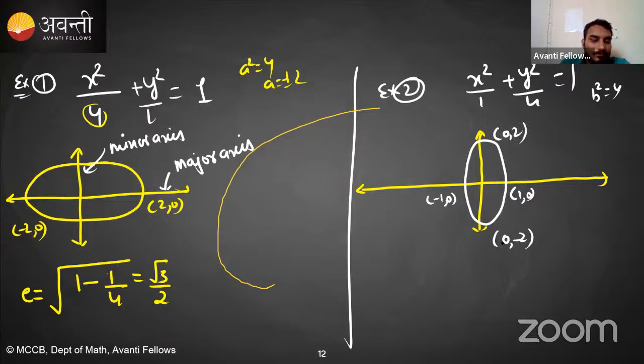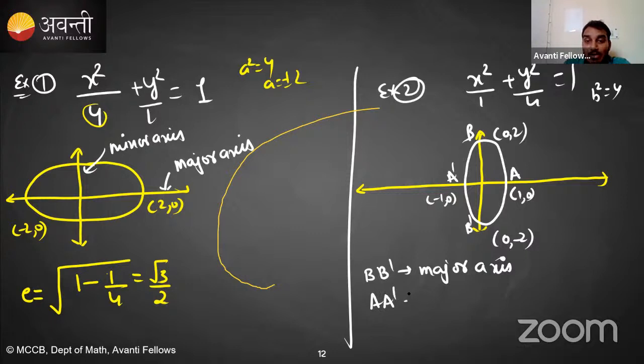Is this clear or not? Tell me. Students, tell me. In this case, this is A, this is A dash, this is B, and this is B dash. So students, remember, in this case, you will say that B dash is the major axis. And what will A dash be? Minor axis.